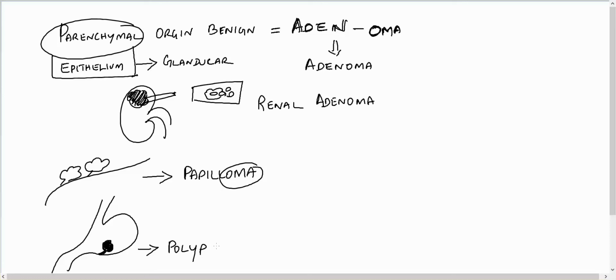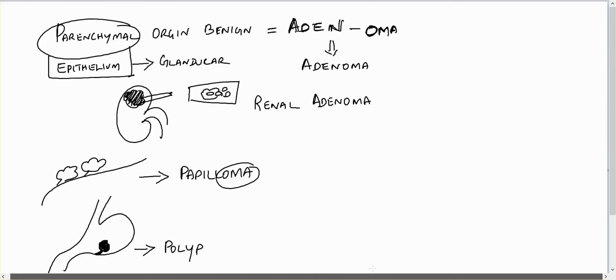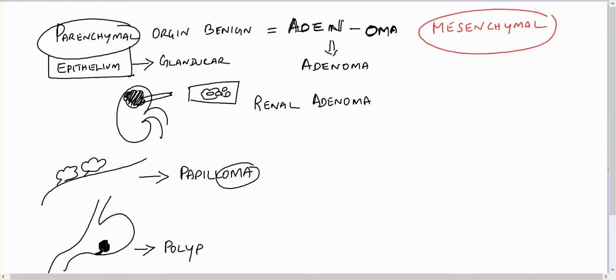And if the tumor is a benign tumor of mesenchymal origin, then if it is of fibrous tissue, then we have to put oma, we put fibro in the first.